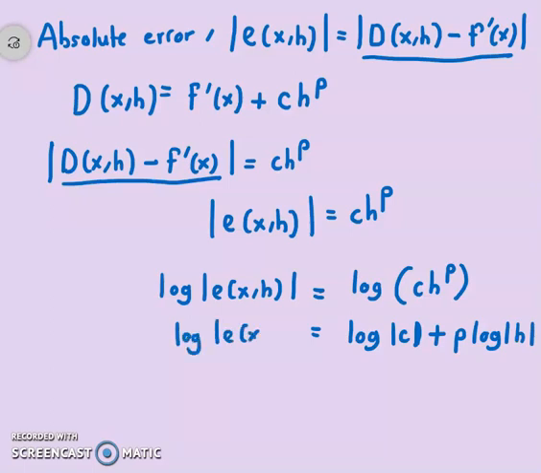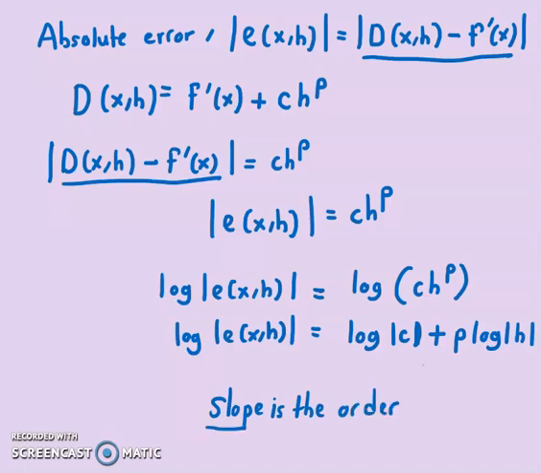So if I plot the graph of log of error versus log of h, you will get a straight line, and the slope should be the order. Okay, slope is the order of the method.